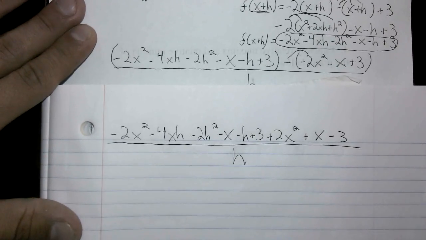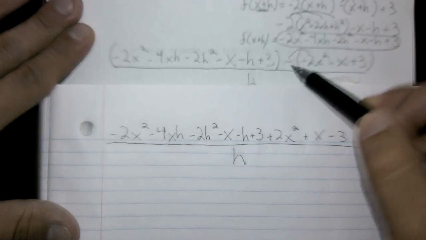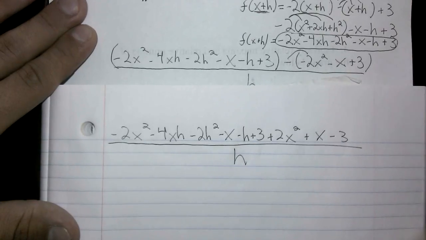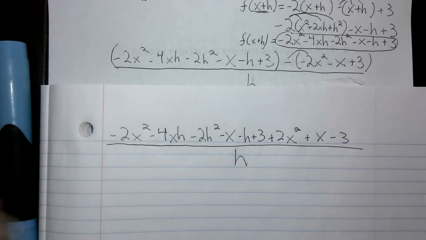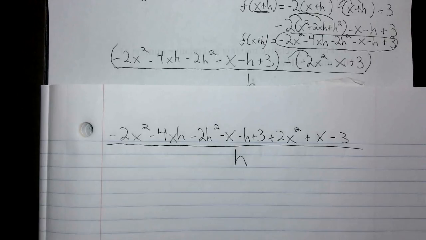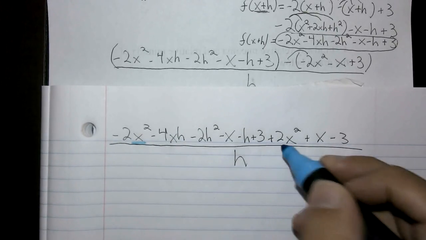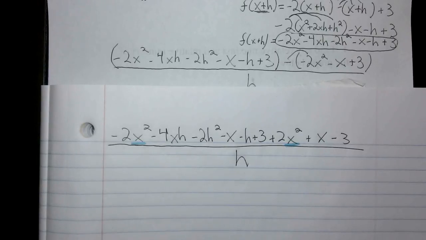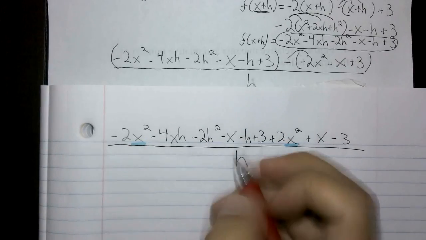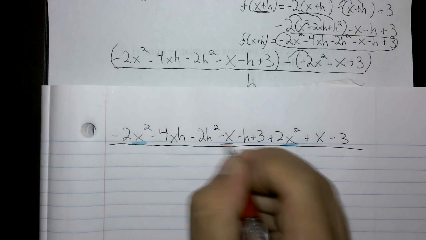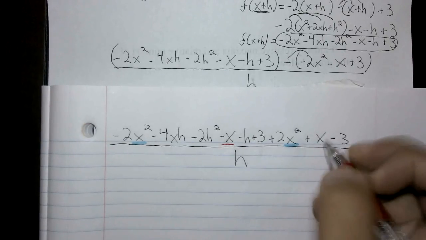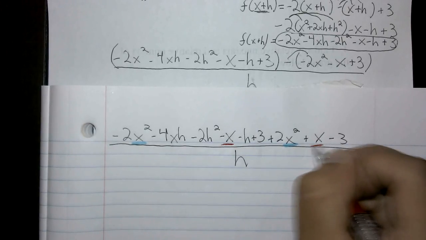And since we distributed this idea of -1, subtracting this trinomial here, now it's going to be a matter of what we can combine. So we see that we have an x squared term seen at the beginning and towards the end. We also see an x term that was towards the end of x plus h, and also towards the end here.